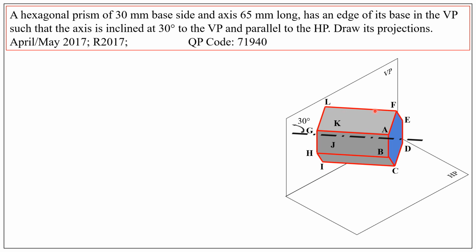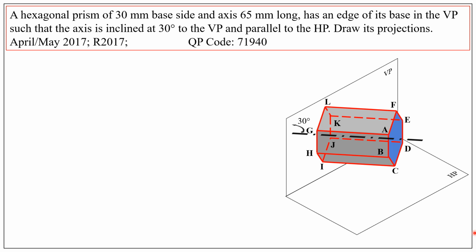We are able to see here only 4. Similarly on the rear side 1, 2, 3. So only these 3 edges are shown. What about the remaining? Of course, they are invisible and represented in dotted lines. So point J corresponds to this point and K corresponds to this point.